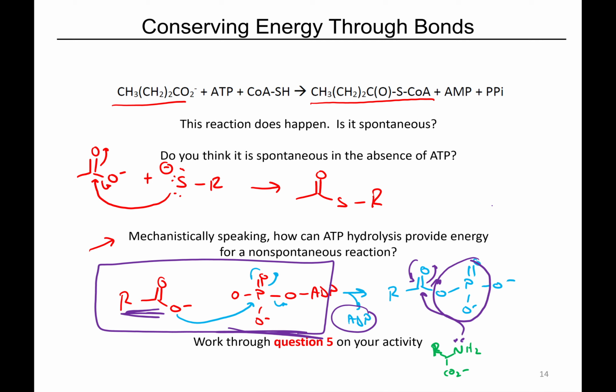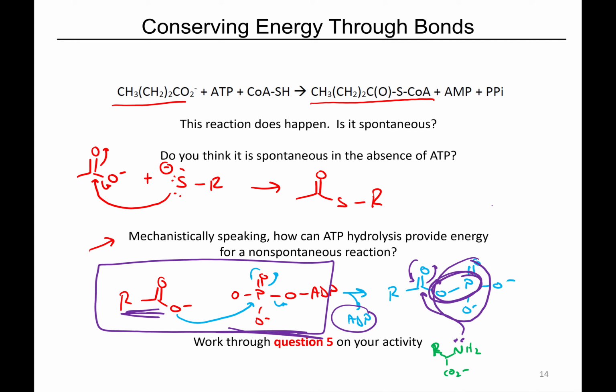Okay, so hear me out really well here. The hydrolysis of ATP, that energy is stored in this bond, right? That's the important thing here, is we can use ATP hydrolysis to power a non-spontaneous reaction by storing that energy in a covalent bond. And in this case, that covalent bond is in this mixed anhydride.